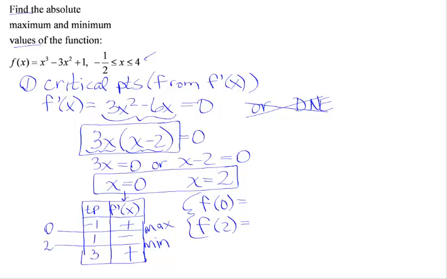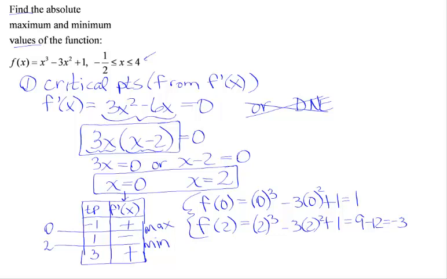So I'm going to go back to the original function and plug in these critical points. So that gives me 2 cubed minus 3 times 2 squared plus 1, which gives me 8 minus 12 plus 1, which gives me negative 3.